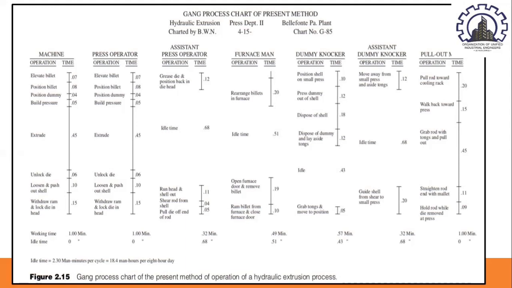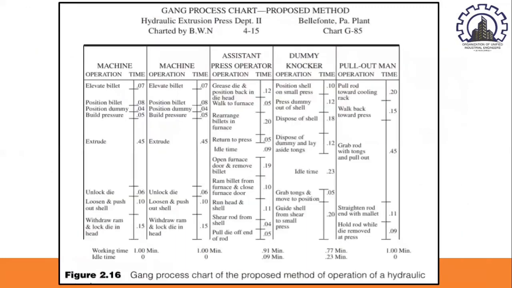By relocating some of the controls of the process, the company was able to reassign the elements of work so that 4 rather than 6 workers could effectively operate the extrusion press. Now, as you can see in figure 2.16, a better operation of the same process is shown on the Gantt process chart.